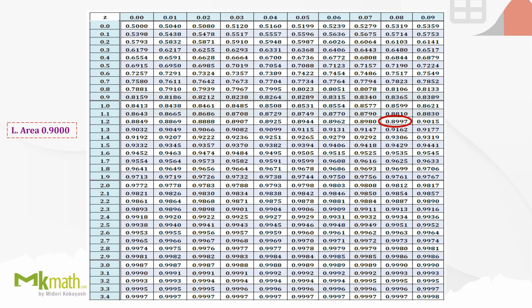To find the corresponding z-score, go straight to the left to read the first two digits, and go straight up to read the second decimal place of the z-score. So the z-score should be 1.28.